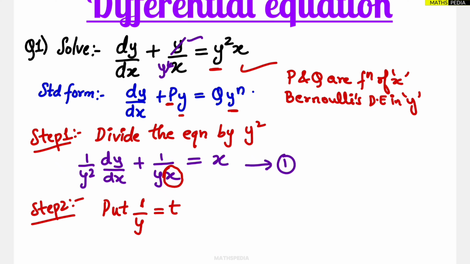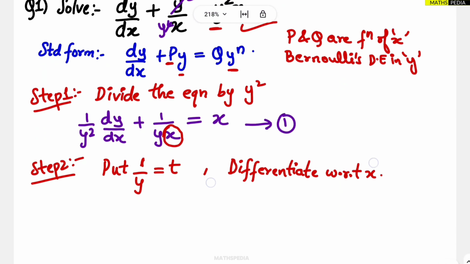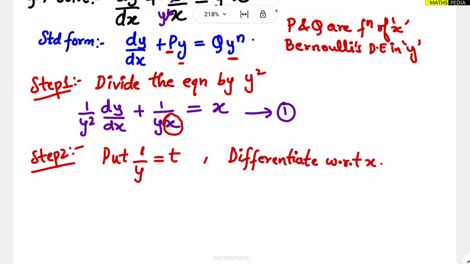After doing that, one more step in this only, that is to differentiate with respect to x. This is quite an important step. Let us differentiate 1 by y equal to t. What is the differentiation of 1 by y? Minus 1 by y square.